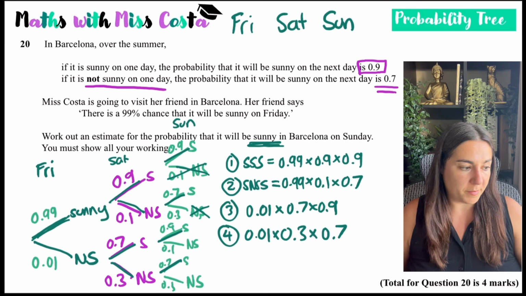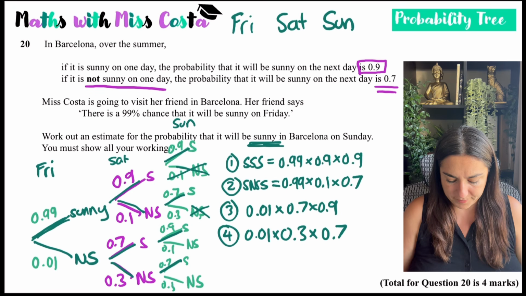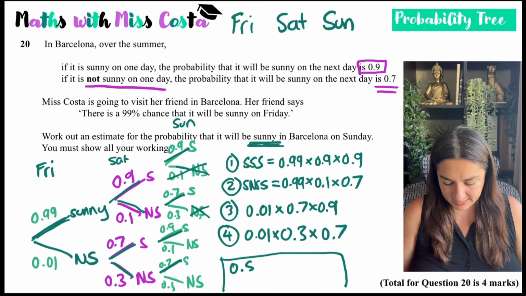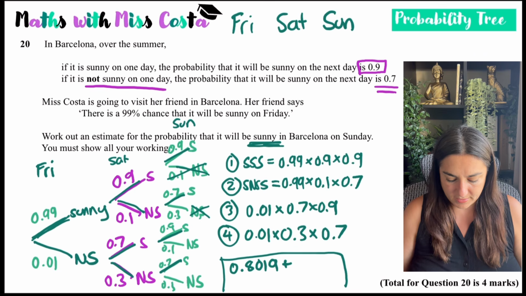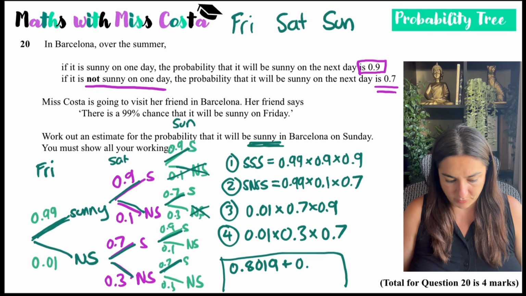I work out what the probability of each of these is. So I haven't got much space. I'm just going to write them down here. So you've got 0.99 times 0.9 times 0.9, which would be 0.8019. 0.99 times 0.1 times 0.7, so that's option 2, is going to be 0.0693.